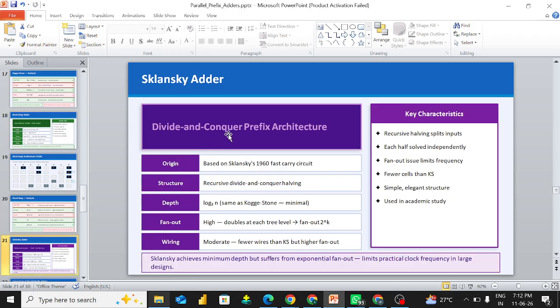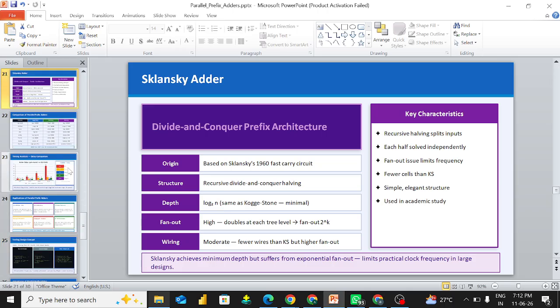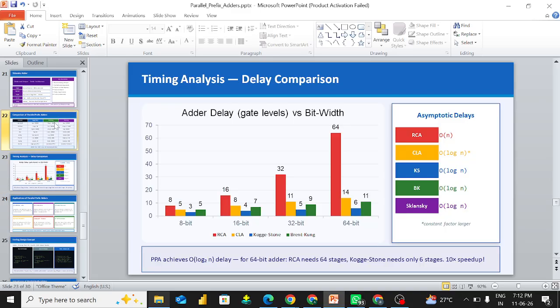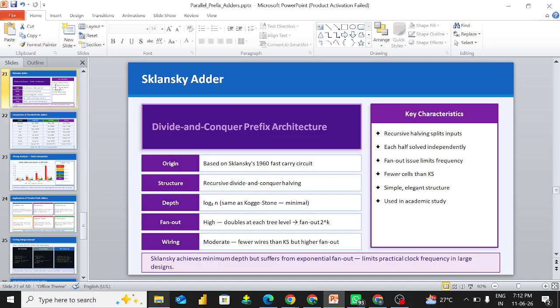So whereas divide and conquer prefix architecture is nothing but, wait, I will show like how this divide and conquer architecture works, okay.